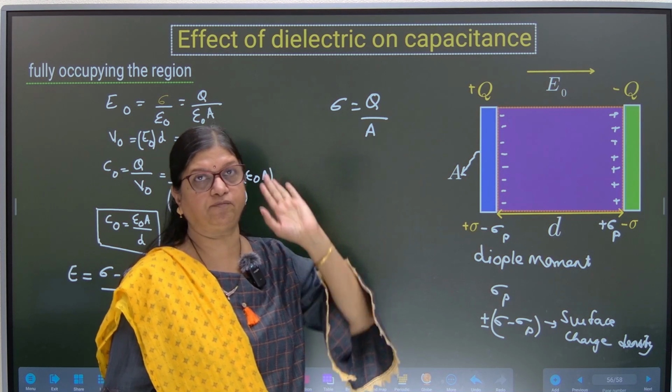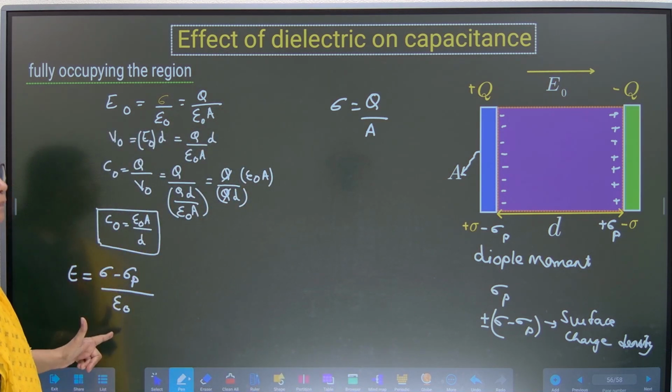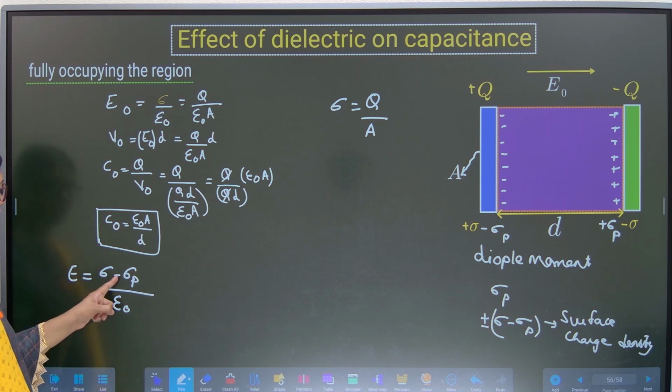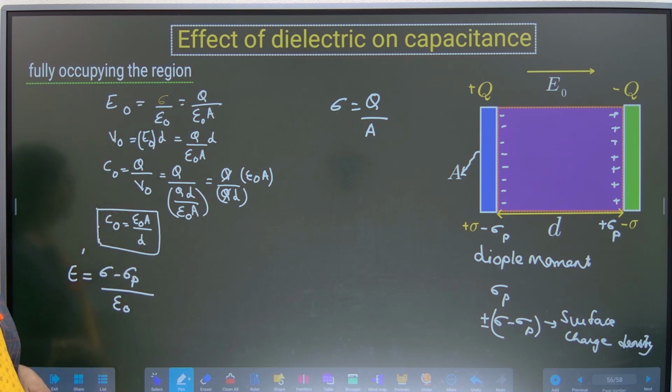This also we have learnt. How much is the electric field now? Sigma minus sigma p upon epsilon naught. We have subtracted sigma p, it means the electric field is reduced.